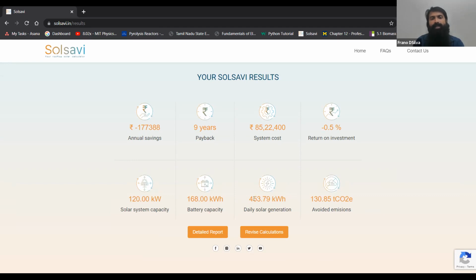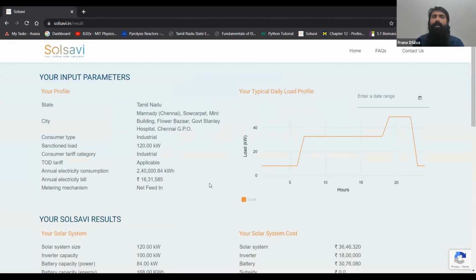We find the daily solar generation from our solar system and the avoided emissions after installation of this solar system. We can go to the detailed report and we can find more details and more analysis on our suggested solar system.